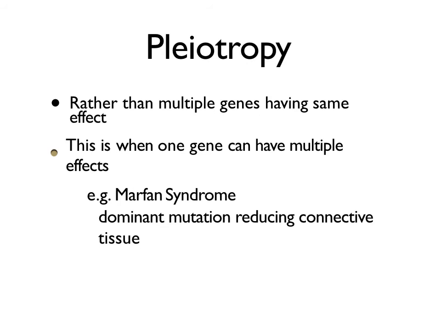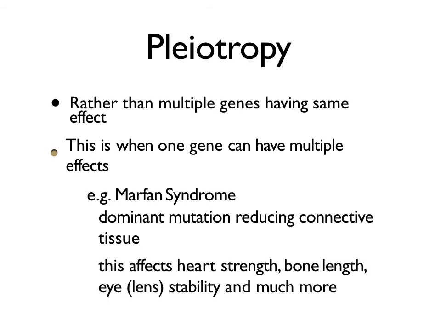But the important part is this gene influences many things. One gene, multiple results. So when you have this mutation that reduces the amount of connective tissue the individual produces, it has effects on the strength of the individual's heart, right? There's a lot of connective tissue in that heart, making it elastic.